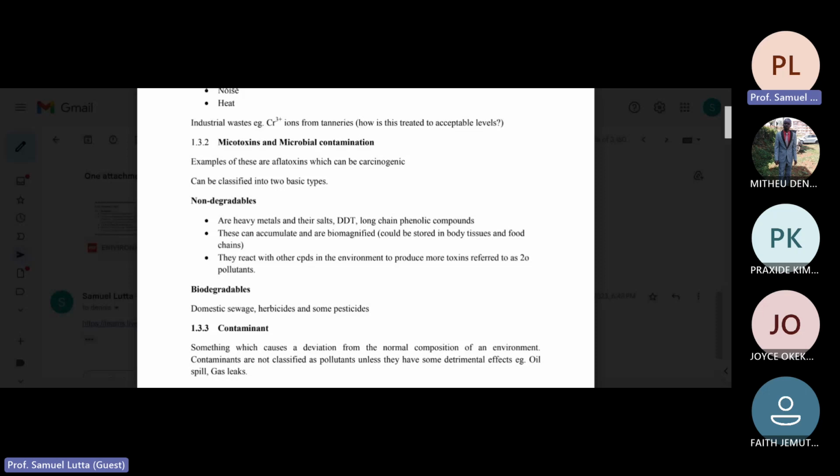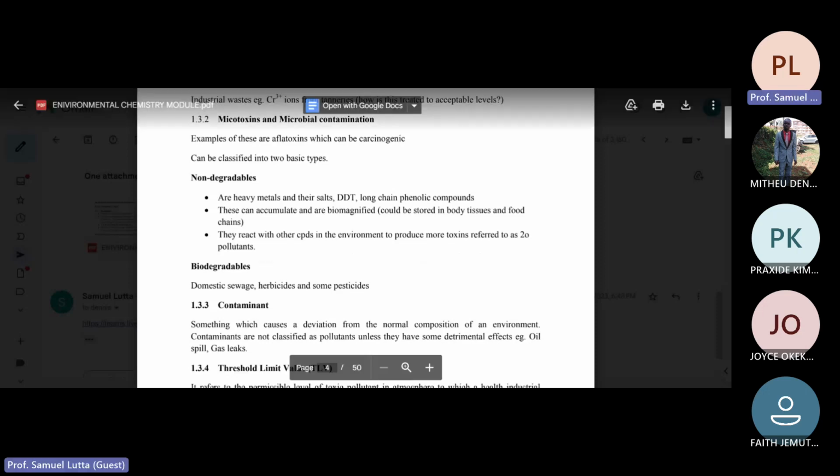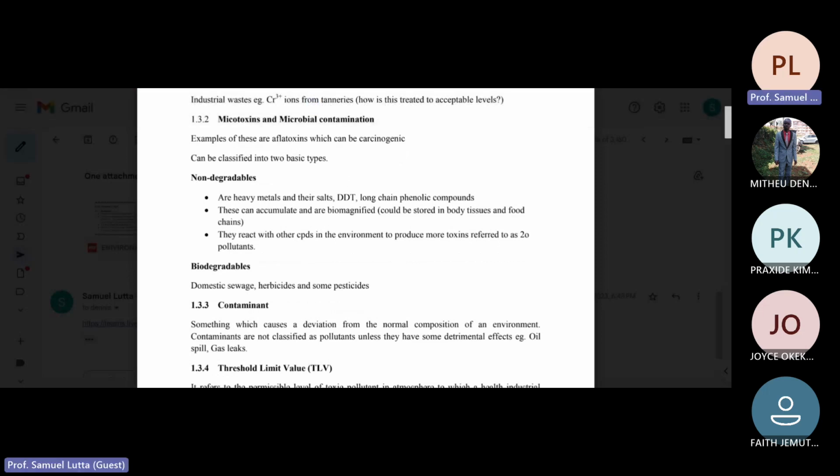And when we have that, then they become poisonous. And we say they can react with other compounds in the environment, even to produce more harmful products. The biodegradable ones are good, like the sewage waste. Those ones can break down. Yeah, I think you saw, there are people who are able now to even produce fuel from human waste.